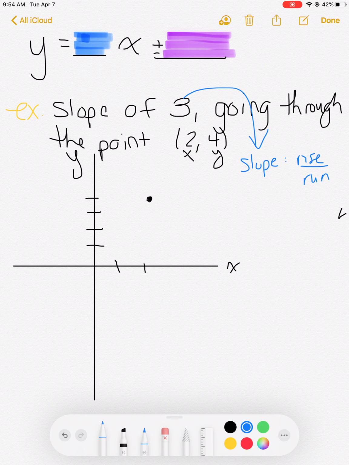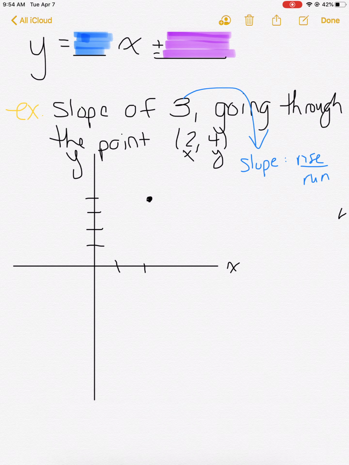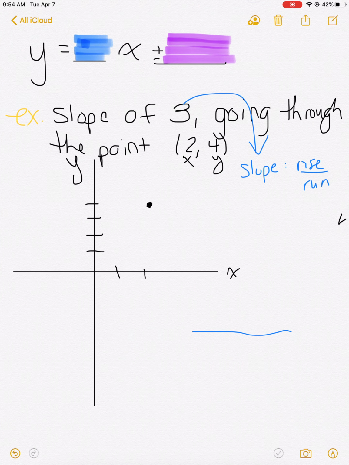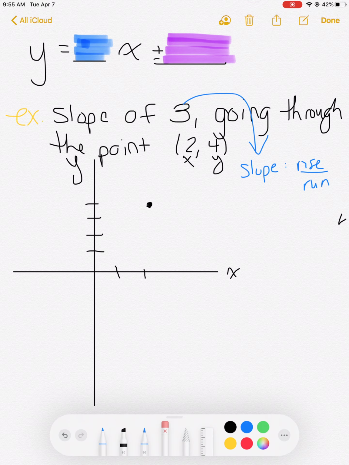If my slope is 3, my rise is 3, and my run is, yes, Jacob, it's 1. Good for you. Maybe I can find a Cartesian plane later, I apologize, I didn't think ahead.